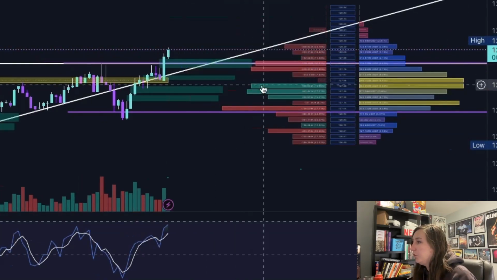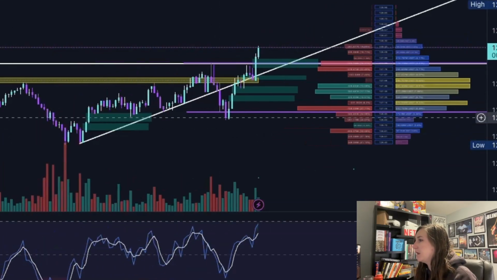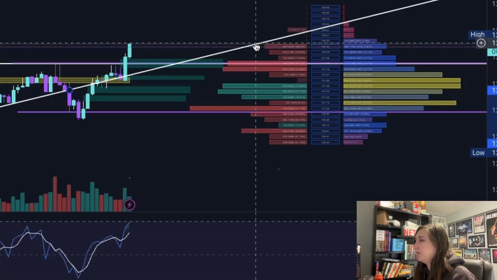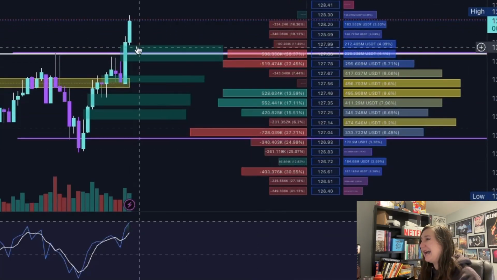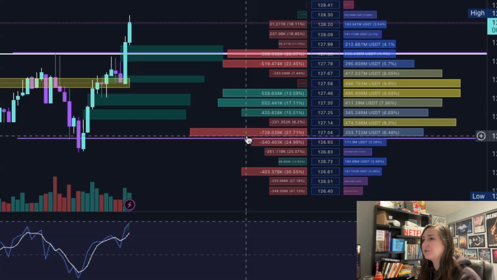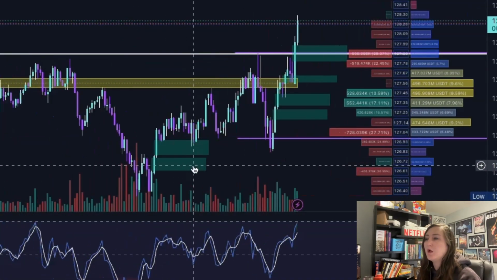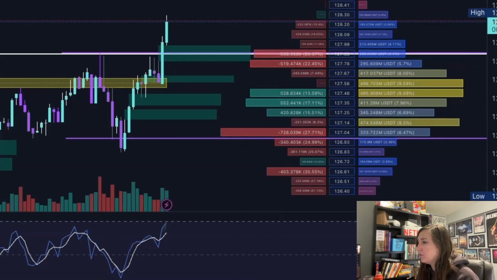I like to kind of wait and see, and I follow the fair value gap method. So you'll see we broke this trend line here. I want to see if it breaks through any of these fair value gaps. We are getting a highlight on our RSI, which isn't great, and hitting some resistance points here. So I'm also going to look at the 1.272. So we did hit 1.272.